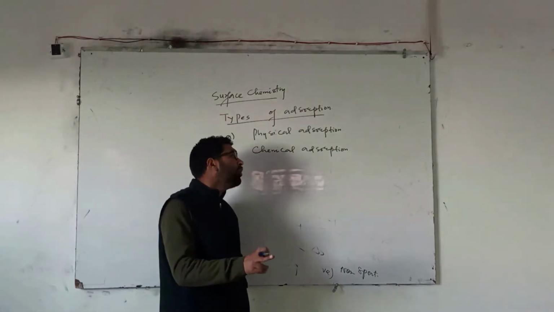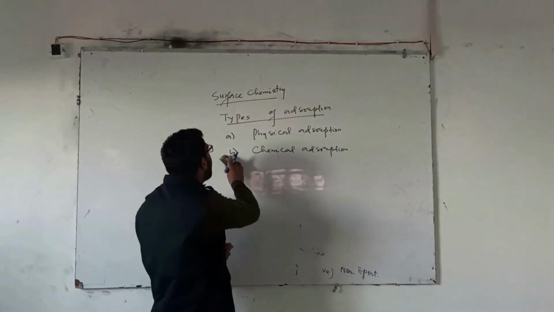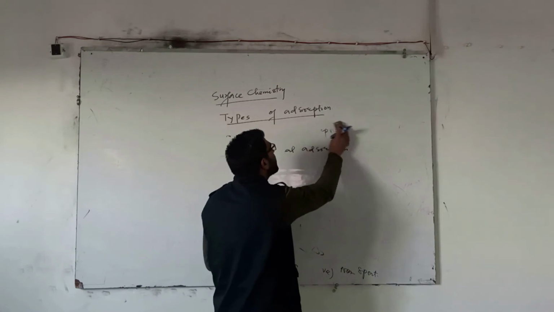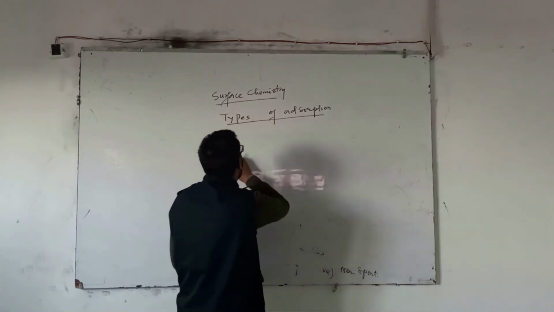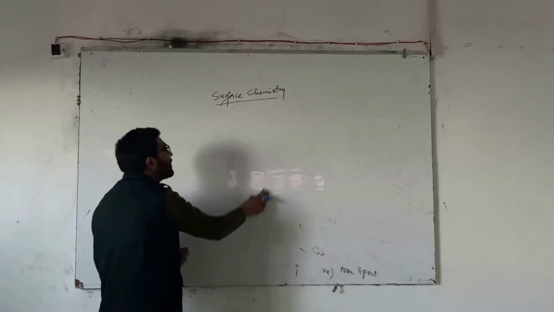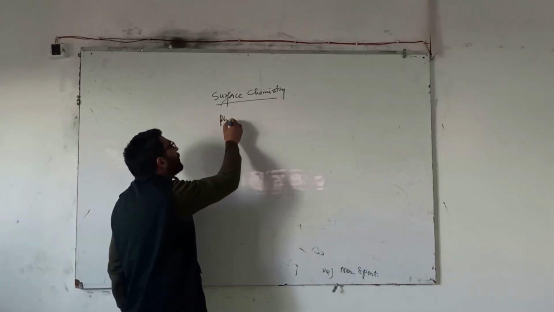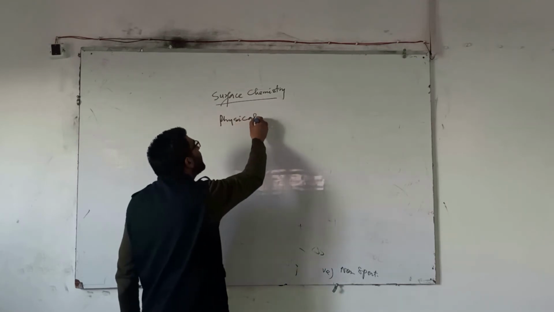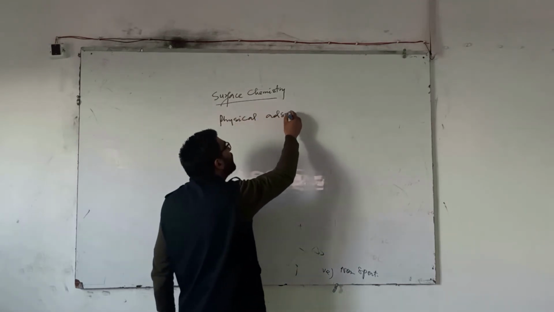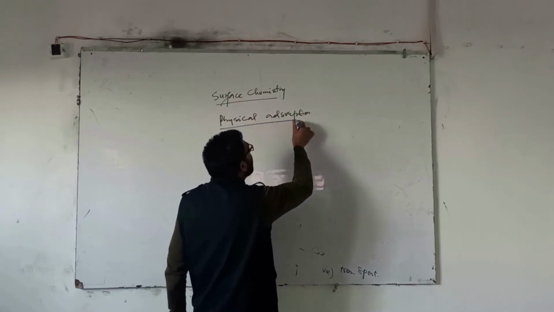I told you this is a very important class as far as the board exams are concerned. Let me discuss first what is meant by physical adsorption. Very important concept as far as boards are concerned.